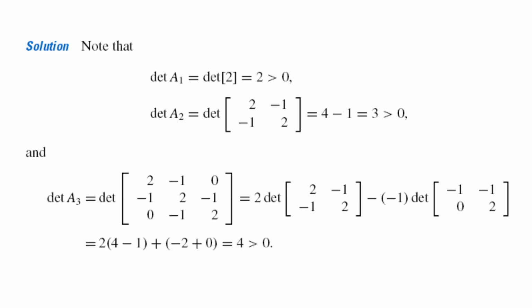Similarly, the largest leading principal submatrix is the whole matrix, because k is equal to n here. Simplifying, we obtain that 4 is greater than 0. Therefore, we conclude that the given matrix is positive definite.